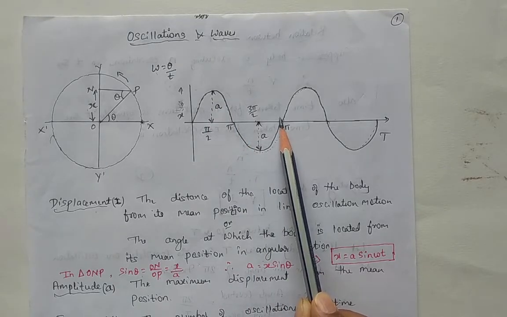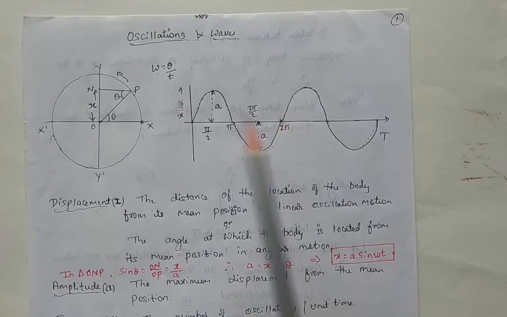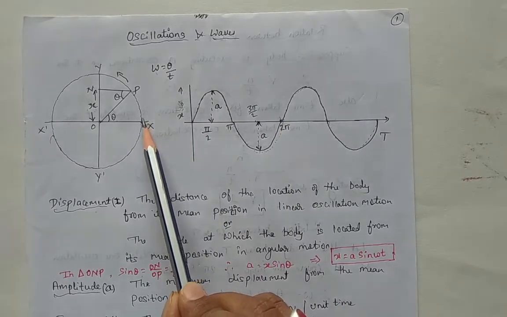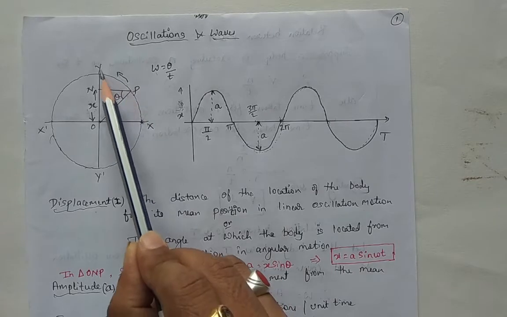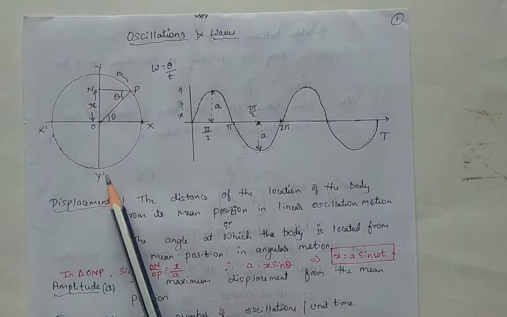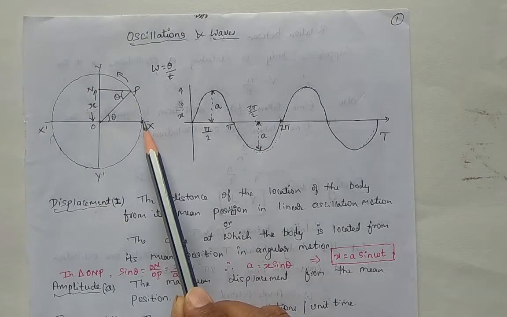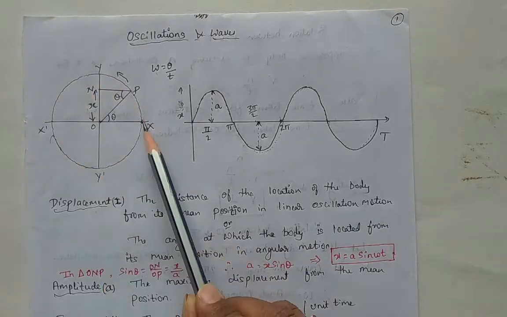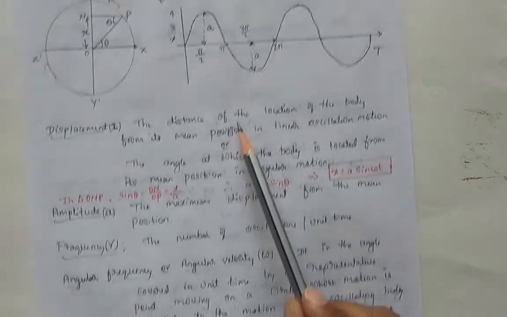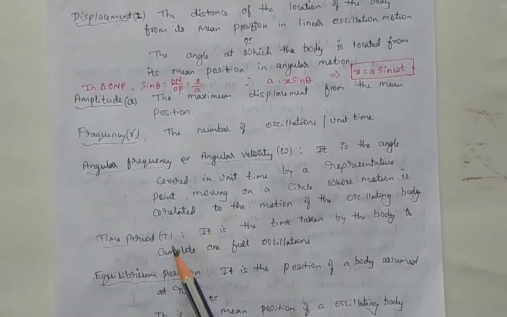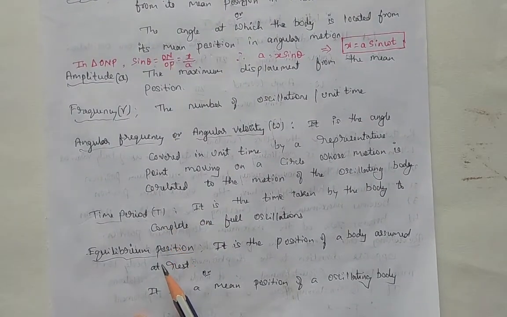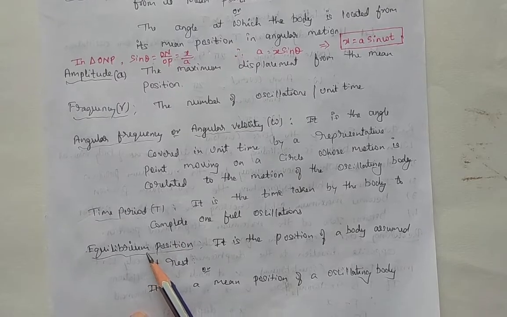Whatever the time is taken, that is known as the time period T. Or here in the circular motion, it starts from x, goes to y, x dash, y dash, and once again gets back to x. So whatever the time is taken to complete this one oscillation, complete rotation, is known as time period, and it is given by T.